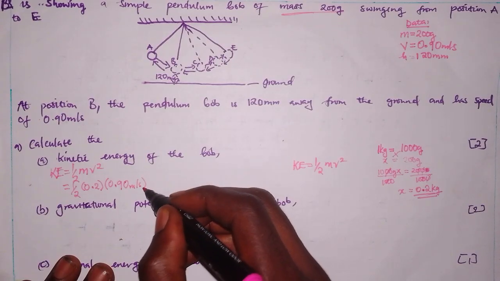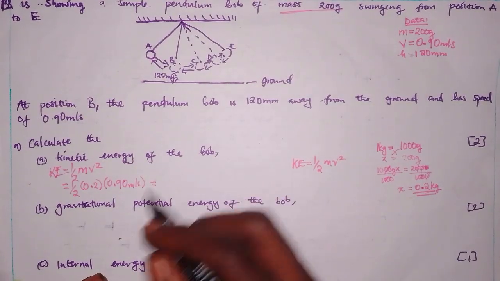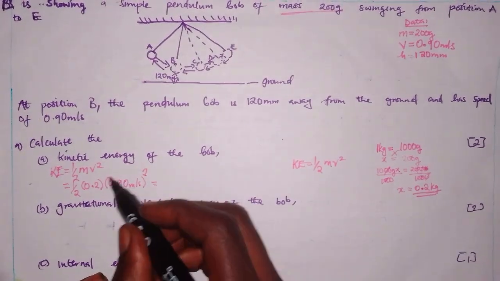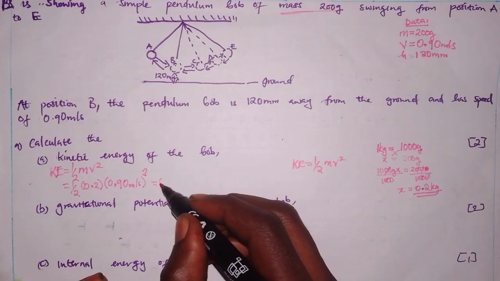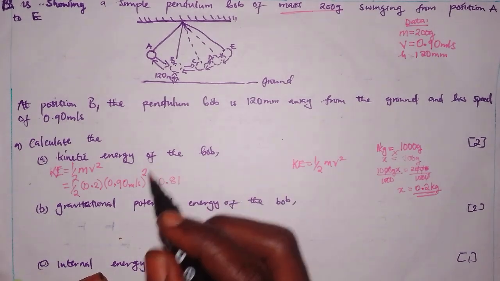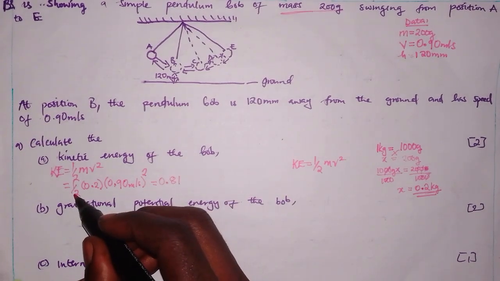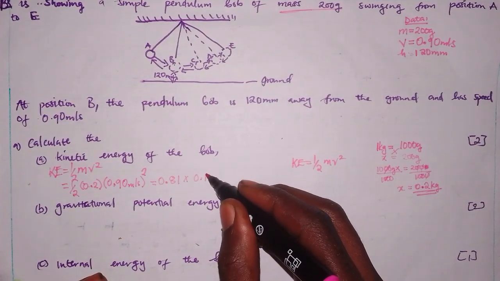Meters per second. So if you multiply 0.09 squared, you find your answer to be 0.81. Then if you divide 0.2 in here, you have 0.1.